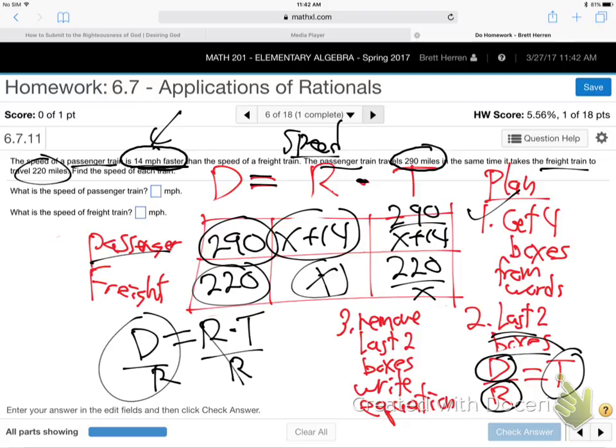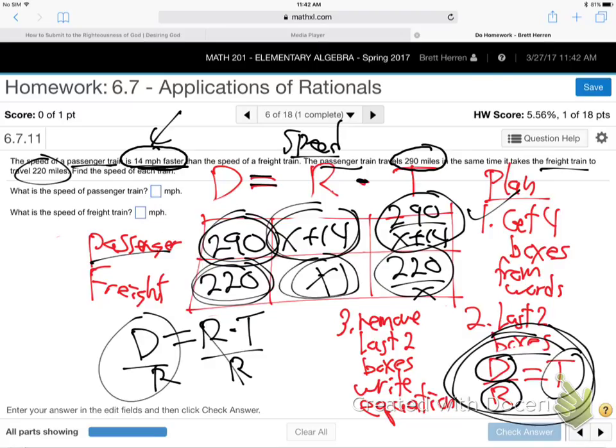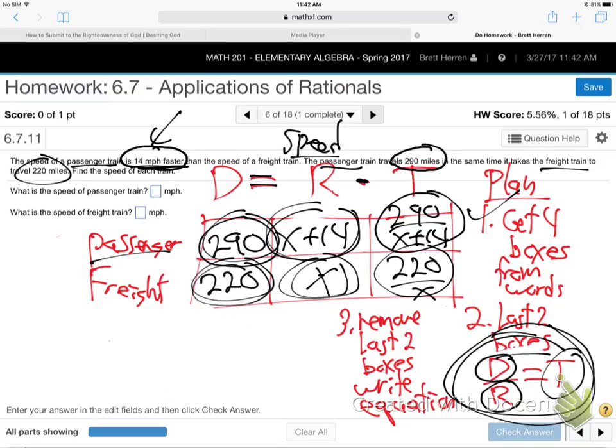I'm just telling you where I came up with this. I just solved the little equation, got T alone, and it was equal to D over R. That's how I know the T box is the D over the R, because that's the relationship between those 3 letters. Anyway, you don't need to do that. Just divide them. It's all good.